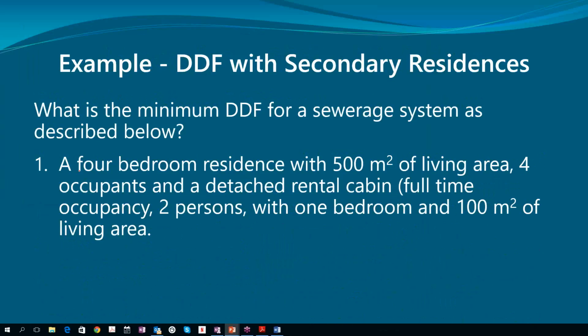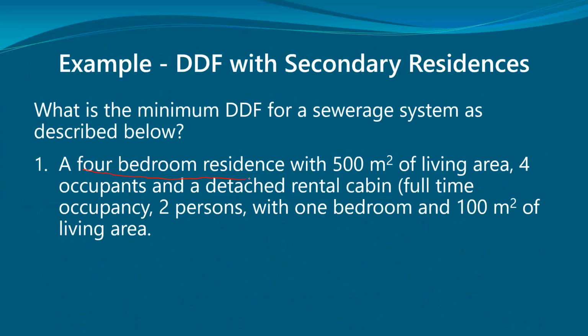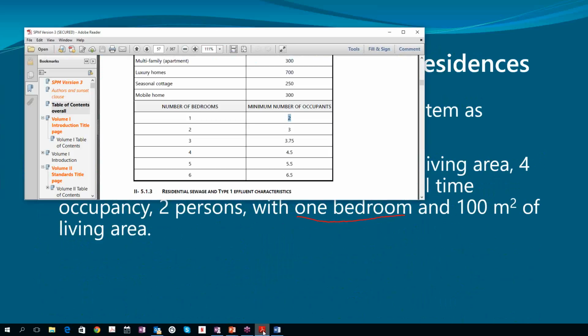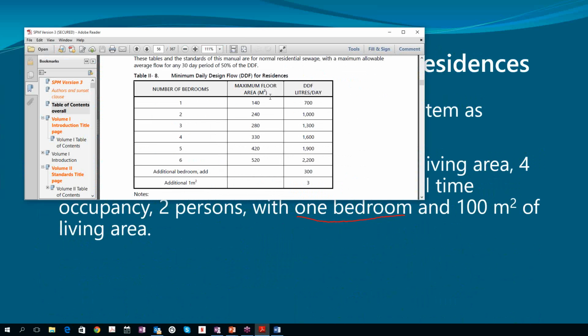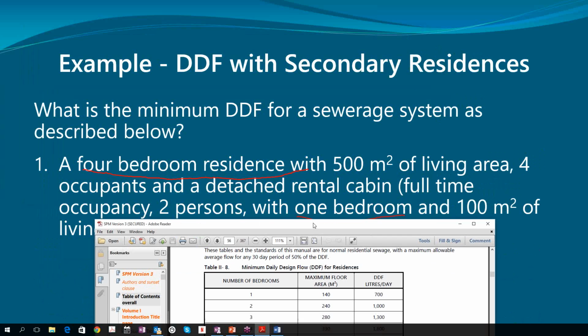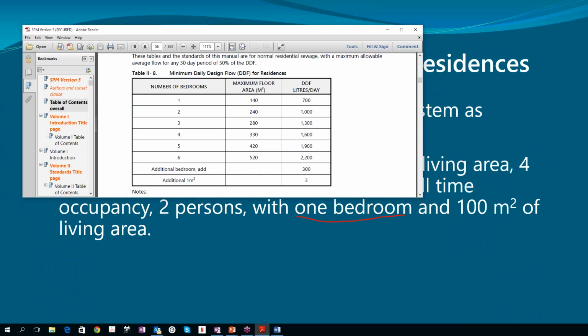So it's going to be whatever DDF is for the 4-bedroom, plus 700 liters for the 1-bedroom. The trouble with this question is we do have an extra living allowance. Occupancy was okay, and area was not, because the 4-bedroom has 500 meters squared, which is more than 330.